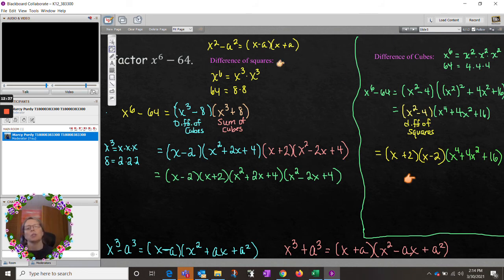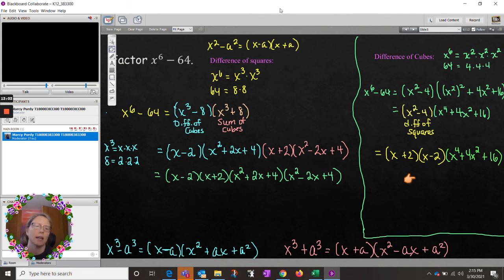So I just wanted you to see this one because it is different. It's a rare situation, but I wanted you to see it. So if you came across a problem where it was a difference of squares and a difference of cubes, you would want to factor it as a difference of squares first so that you can get it completely factored.